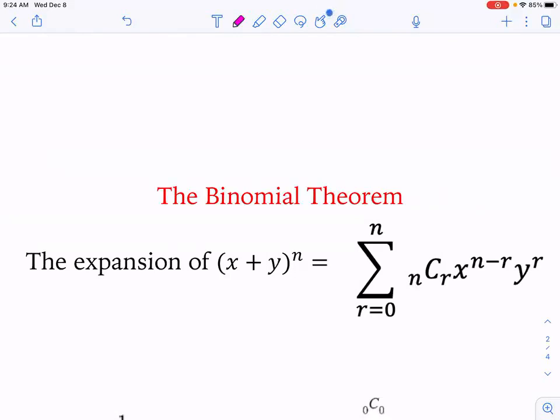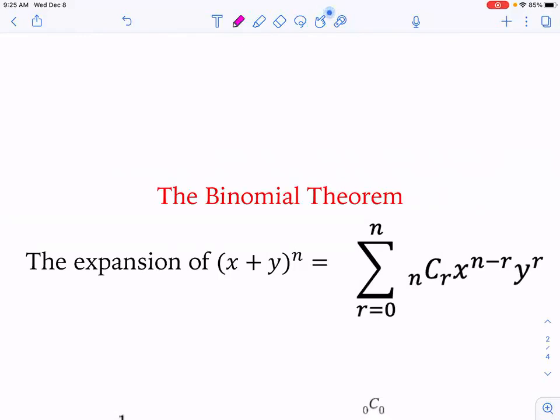We start at 0 and we keep plugging in for r until we get to n. Write it down and we'll make a little bit more sense of it soon. Right now, yes, it looks like gibberish. We'll make sense of it.